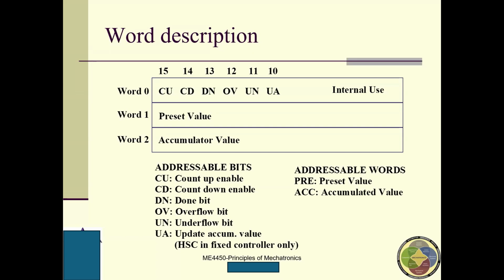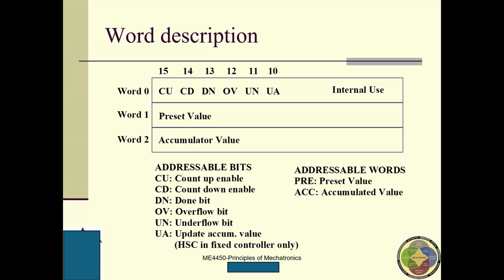So the accessible bits means that you can get the status of these. The counter up enable and counter down enable, done bit, overflow, and underflow. Underflow means that the number is lower than the minimum value, which is negative.